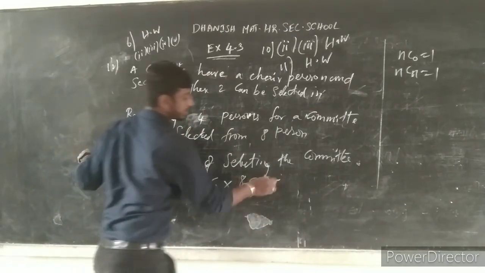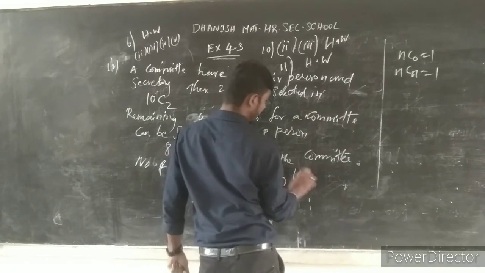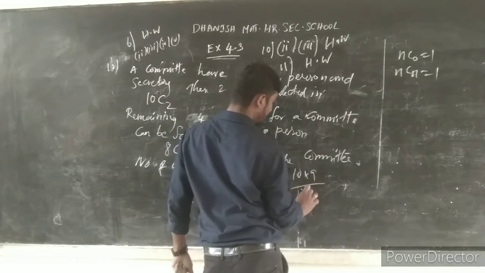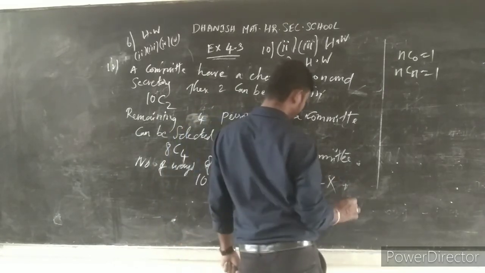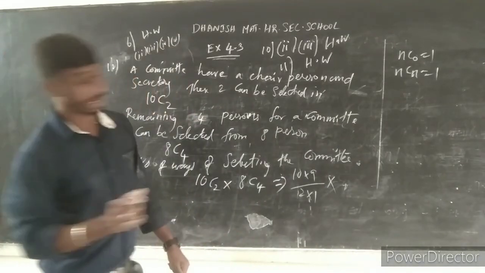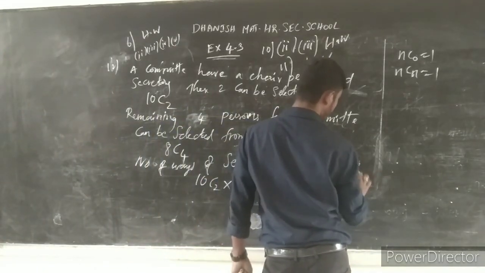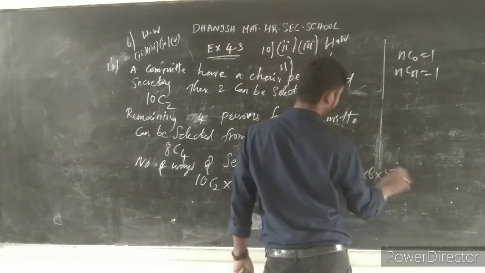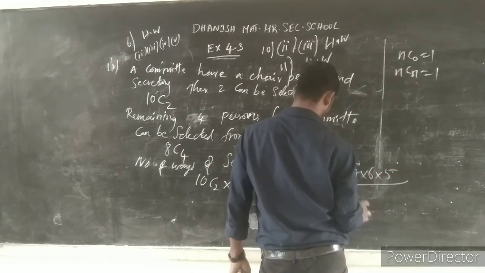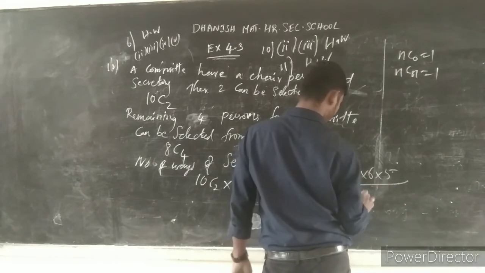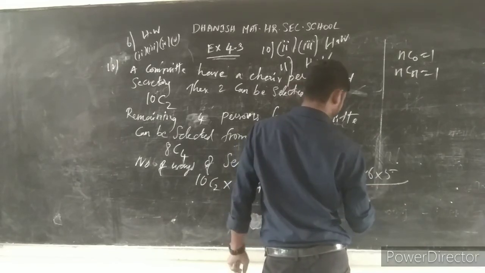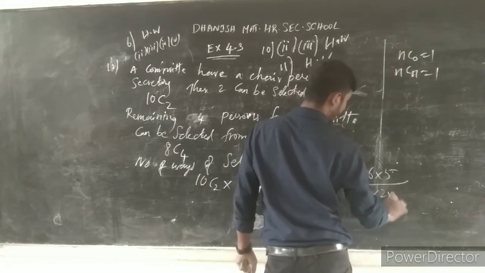We write it like this: 10 into 9 divided by 2 into 1, into 8C4, that is 8 into 7 into 6 into 5 divided by 4 into 3 into 2 into 1.